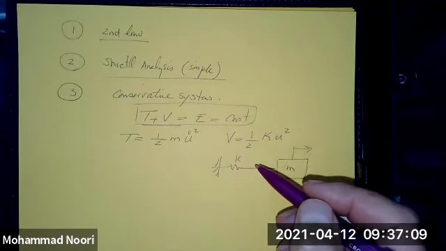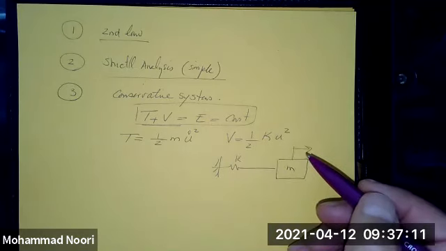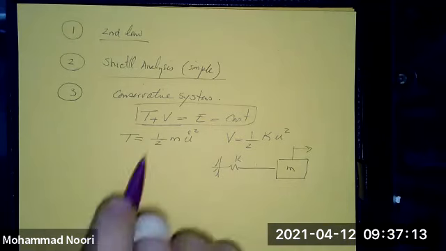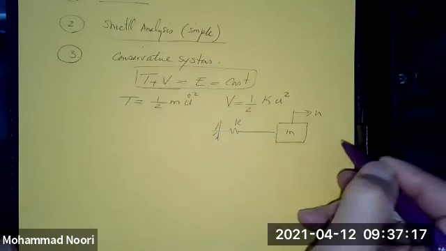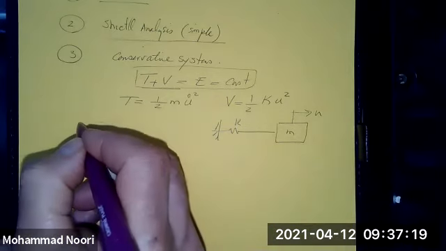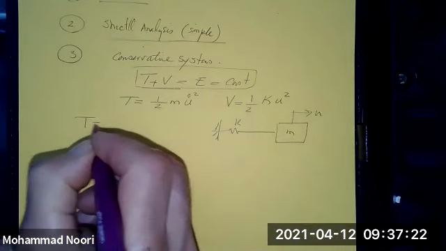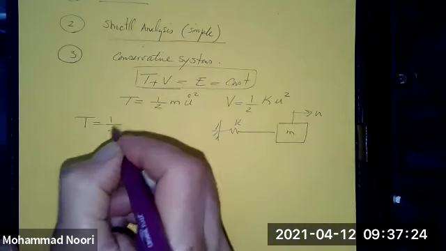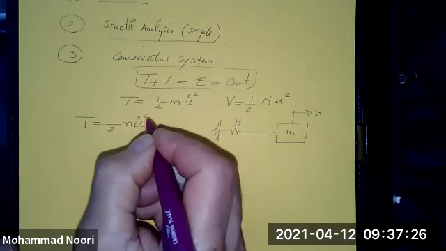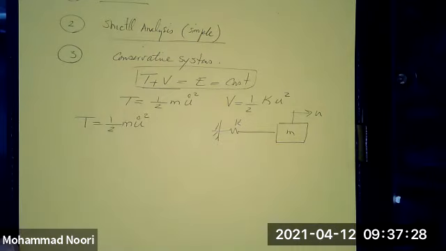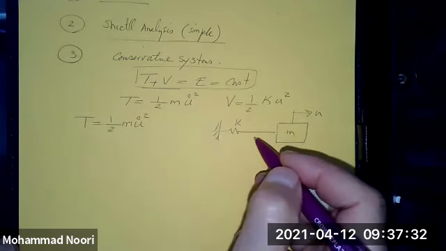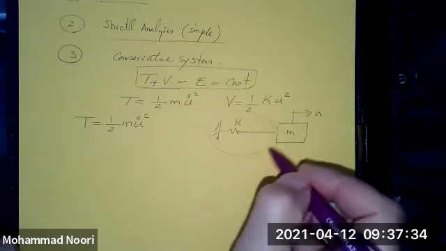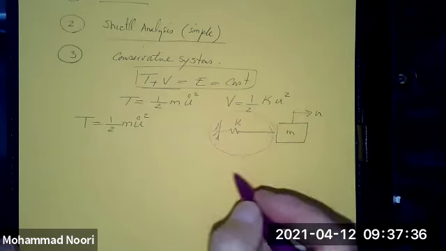So let's derive the basic equation of motion using energy. If you have a mass experiencing displacement u, the kinetic energy of this system would be 1/2 m u dot squared, right? How about the strain energy, or the potential energy? The potential energy is that of this spring.